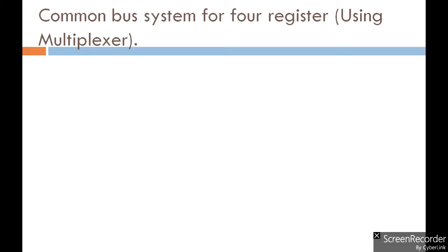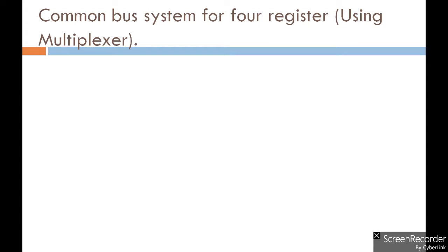So first of all, let's see what is common bus system. So students, as in our computer system there are more than one register, right? So to make communication possible between all these registers, we have a system that is known as a common bus system.